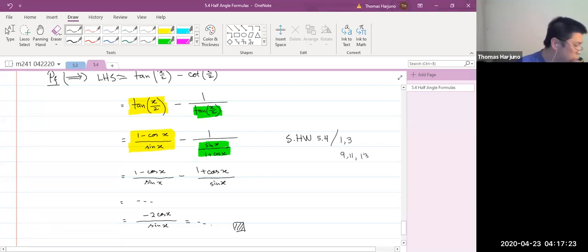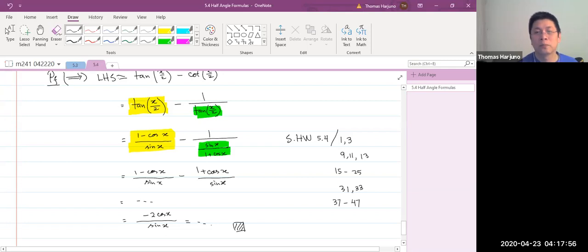That's actually one set. And then number 15 to number 25, just the odd ones. Number 31 and number 33. As for the proofing, number 37 to number 47.